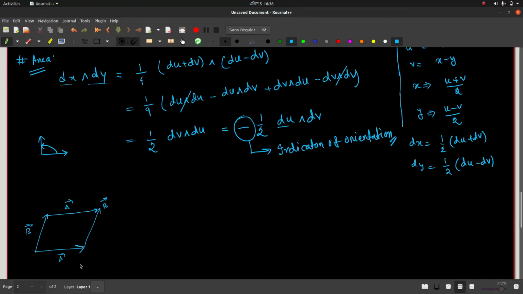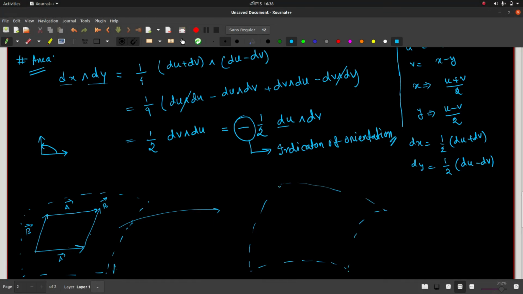And if this is on the manifold M, so let's say this is our manifold on the background denoted with this dashed line, since these two are vectors, we should be able to find the pushed forward versions of these vectors, and it will get mapped to this manifold. So this is M, this is N, and let's say this is the pushed forward version of this area, right? So let's say this is some A prime, this is some B prime.